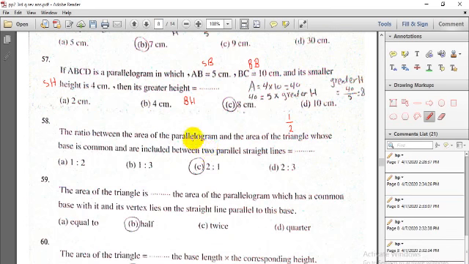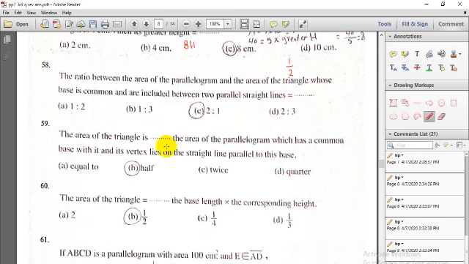So it's 2 to 1, because he starts from the bigger. If he tells you from triangle to parallelogram, it's 1 to 2. But here he tells you from parallelogram to triangle, so it's 2 to 1. Okay? Very good.